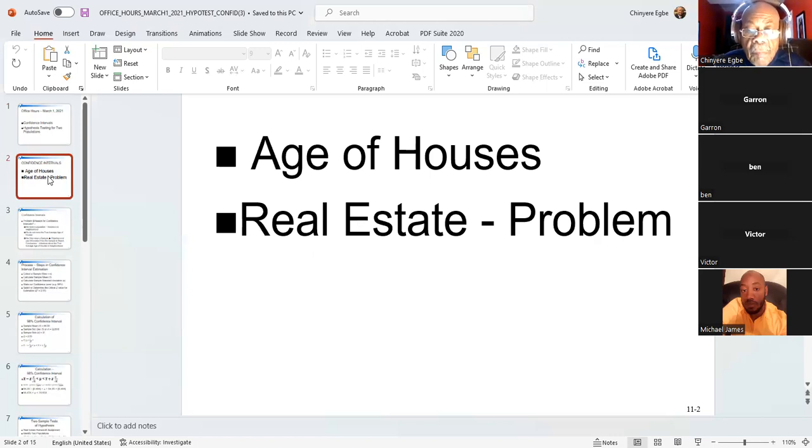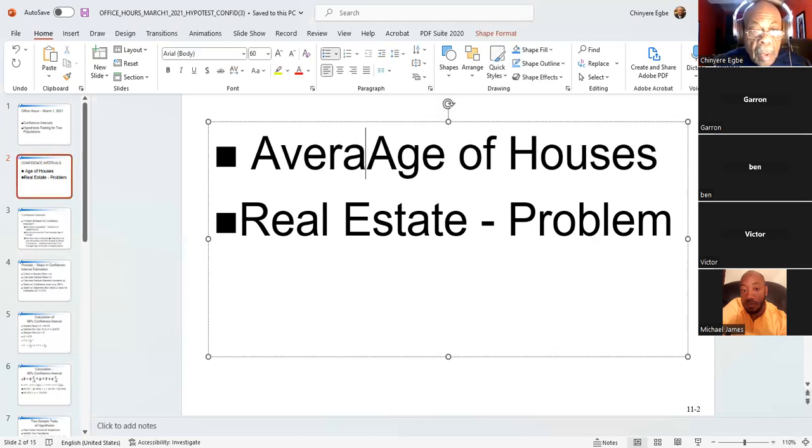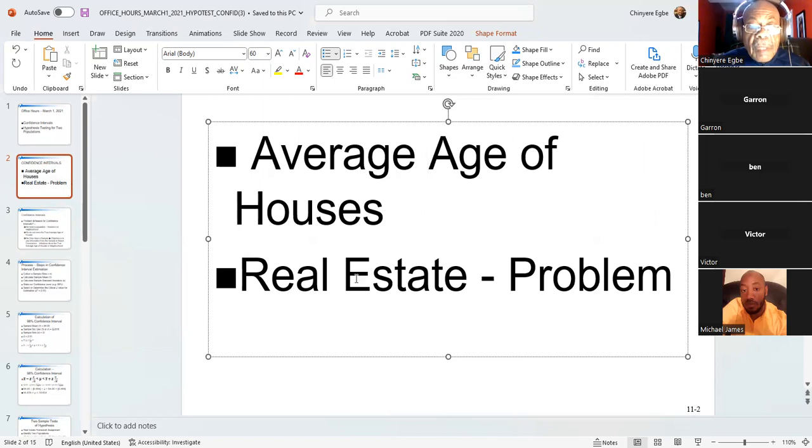And our objective, like in this particular illustration, is to compare the average age of houses in two neighborhoods. Because what you're really comparing is the averages, the true population average you are looking at.